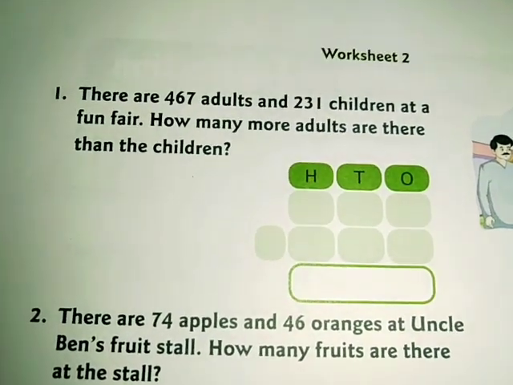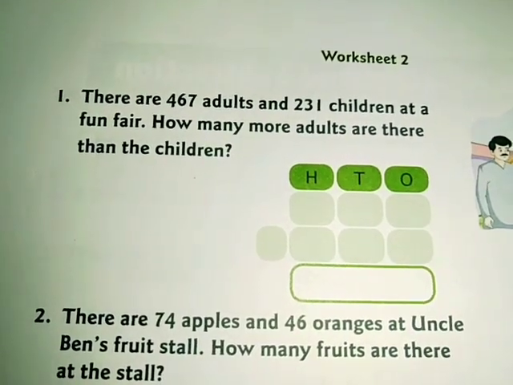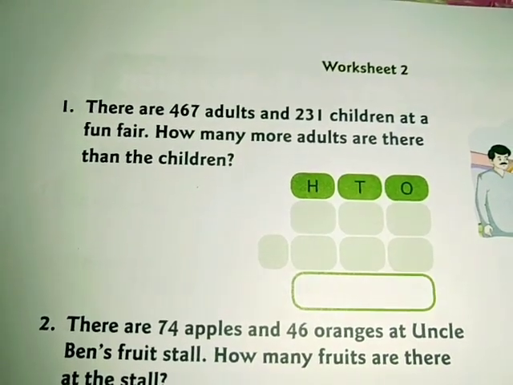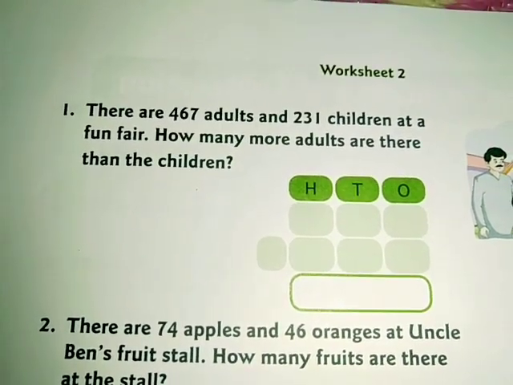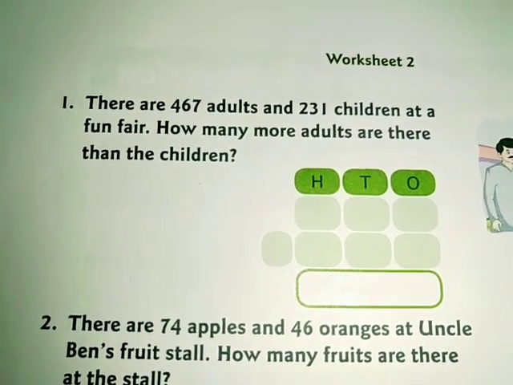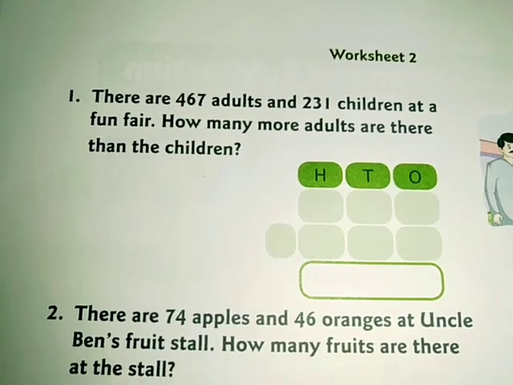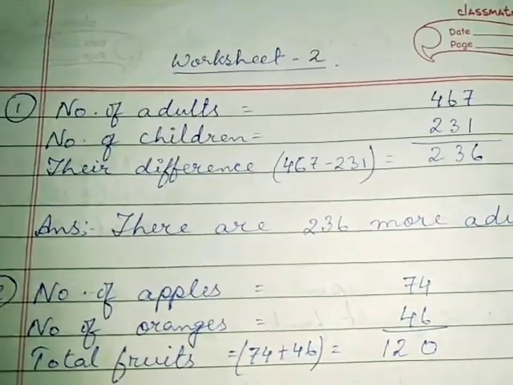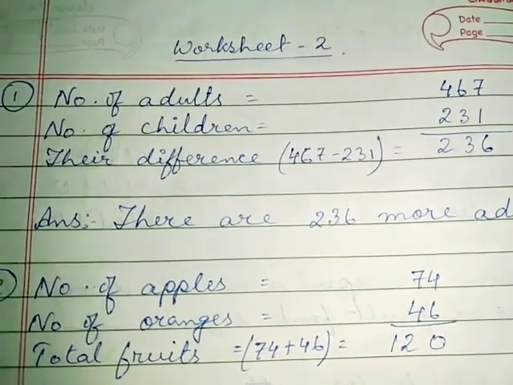In number 1, the key words like in all or left, no such word is given, but you have to find out how many adults are more. So to find out the difference, you have to find the difference between the two numbers, and we get the difference by subtracting. This is how I have done it. Number of adults 467, number of children 231.